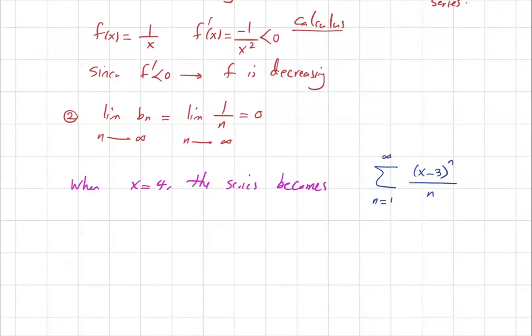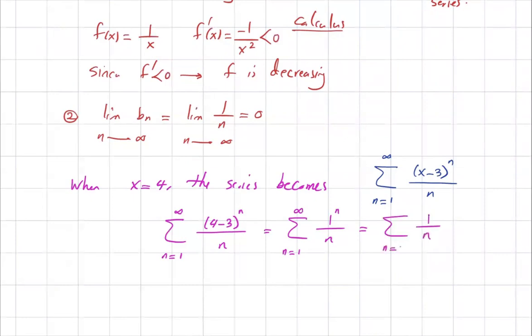When x is equal to 4, the series becomes the series of 4 minus 3 to power n divided by n, which is nothing but 1 to power n divided by n, but 1 to power n is just 1. So you get the series of 1 divided by n, which you already know is a harmonic series, and harmonic series as a p-series is divergent.